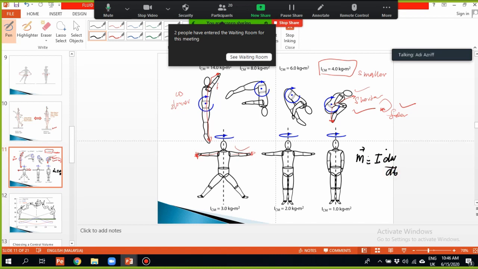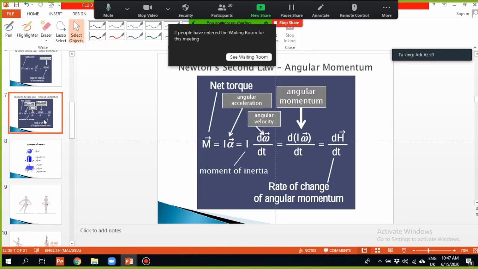the I plays an important role in order for you to maintain the angular momentum, the net torque. For example, M is I over I alpha, or I times the differentiation dω/dt.